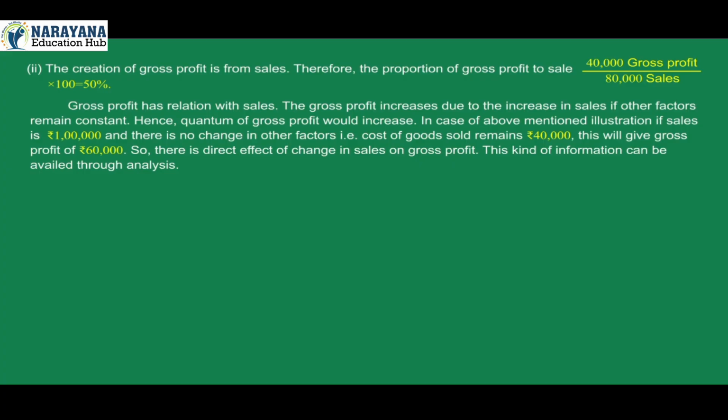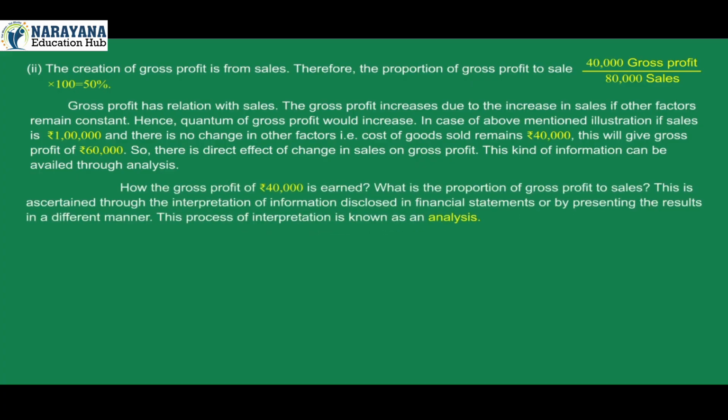Hence, the quantum of gross profit would increase. In case of the above mentioned illustration, if sales is Rs 1 lakh and there is no change in other factors, that is, cost of goods sold remains Rs 40,000, this will give gross profit of Rs 60,000. So, there is a direct effect of change in sales on gross profit. This kind of information can be availed through analysis.